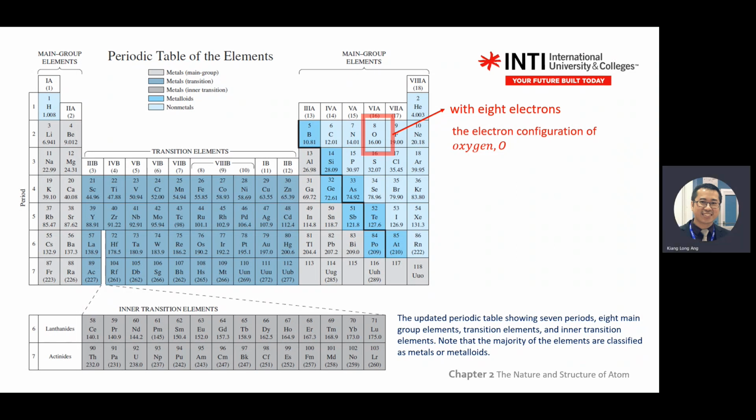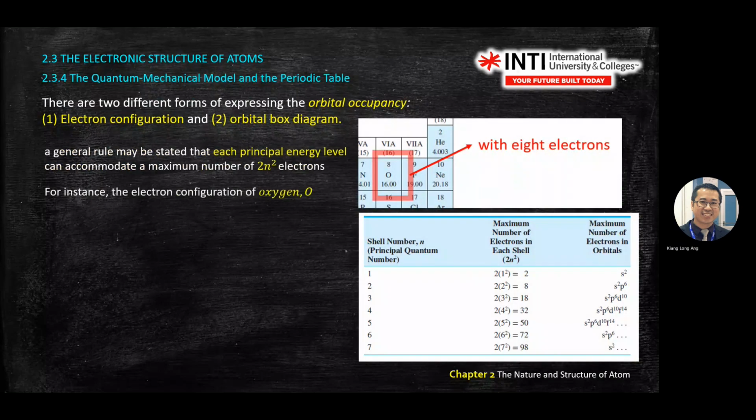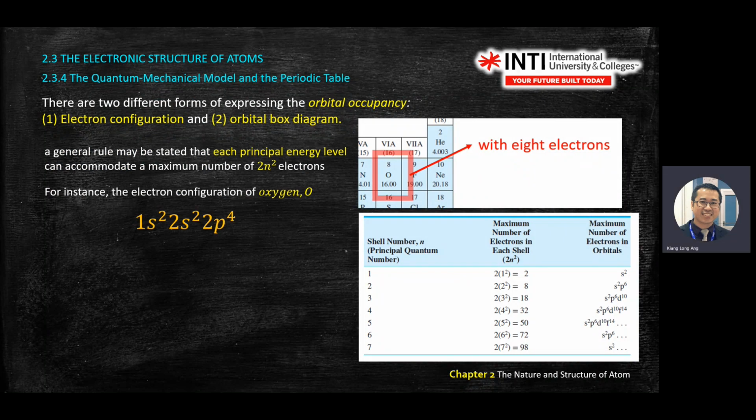But this number 8 is sometimes very confusing. It is better to use the electron count, because sometimes there's sharing of electrons and so on. So once you know the electron count is 8, oxygen has two principal orbits.